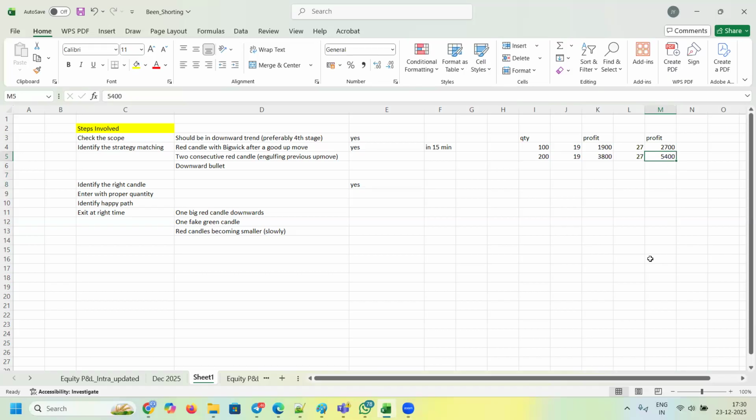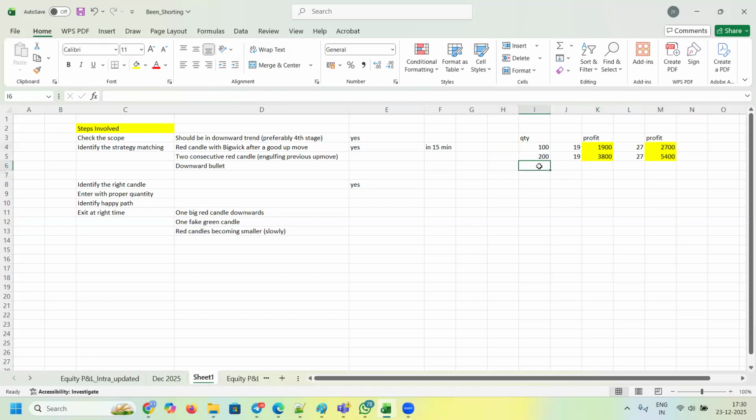You get that? That is why you should select based on your risk appetite, meaning how much you can take. Since you will be going candle by candle only, risk will be less, but this will be your profit. Is that clear?